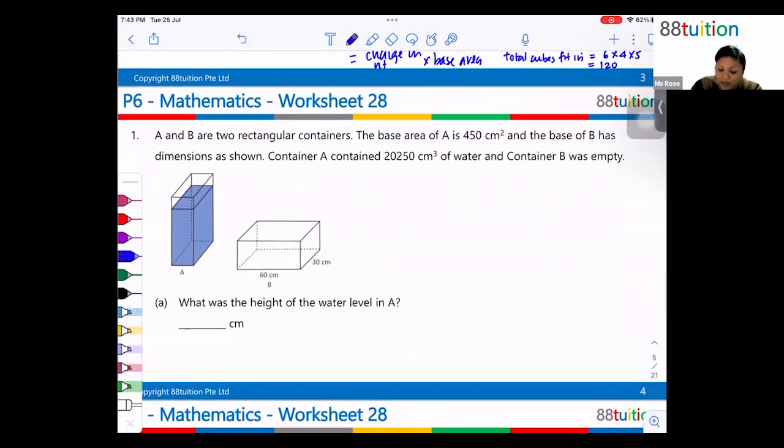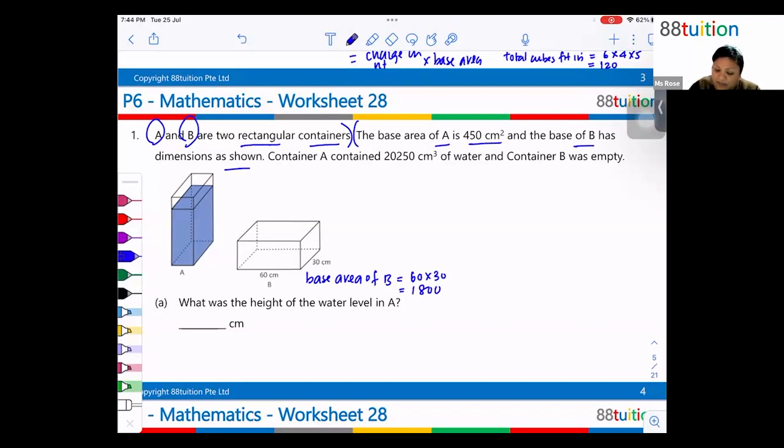Now, A and B are two rectangular containers. The base area of A is 450, and B has dimensions as shown below. So the base area of B would be 60 times 30, which gives me 1,800.